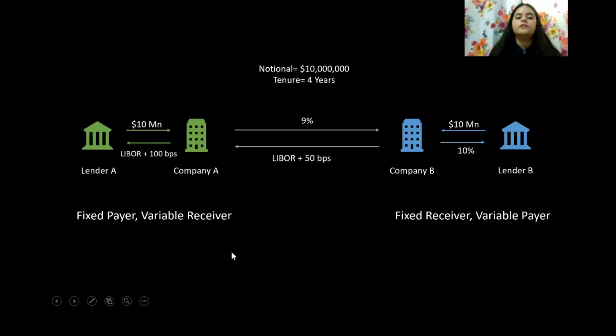Now, to reduce their risk, company A and company B, having different viewpoints and opposite expectations of the future, enter into a swap in which company A promises to pay company B a rate of 9% on the swap, and company B promises to pay company A a rate of LIBOR plus 50 bips, that is 50 basis points, that is 0.5%.